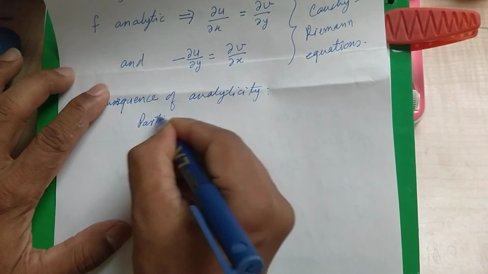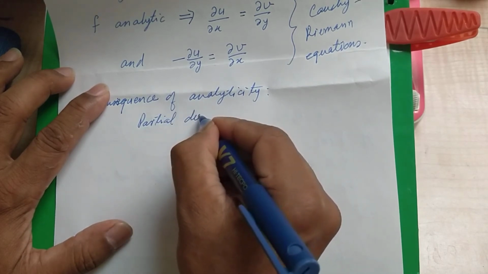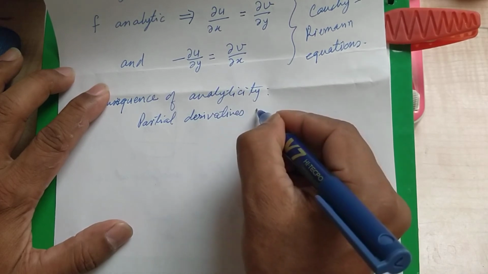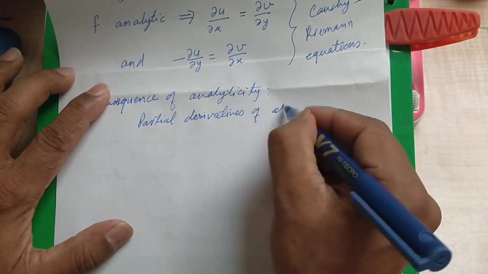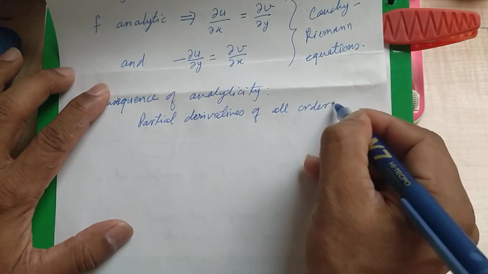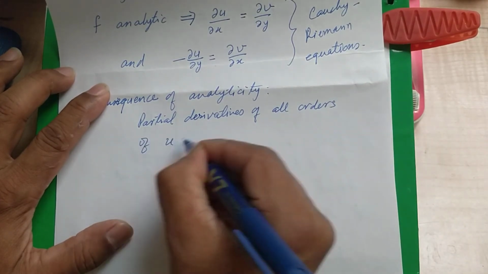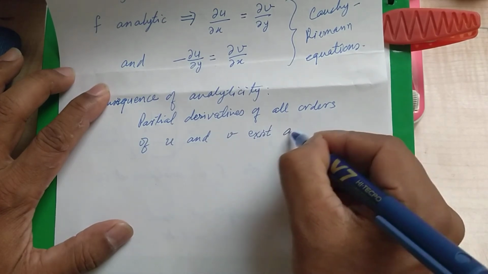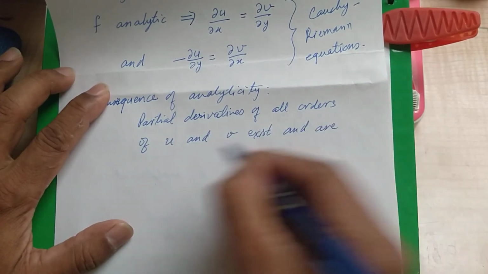Partial derivatives of all orders of u and v exist and are continuous.